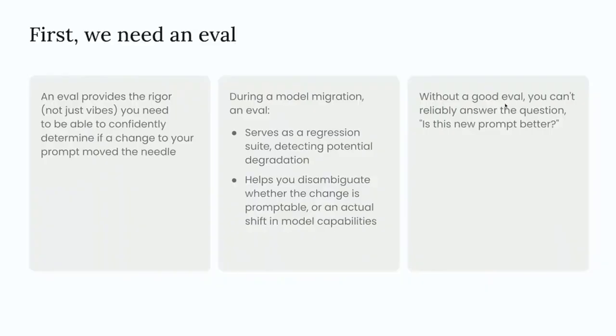First of all, the new model might be capable, but it's behaving differently, and therefore we can tune our prompting to fix that behavior. The second case is where the model that we're changing to isn't as capable, and no amount of prompting is going to fix that. So we need to have an eval suite to act as a way of testing that regression so that we can apply our prompting best practices to that.